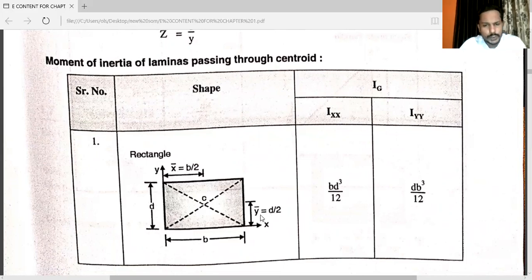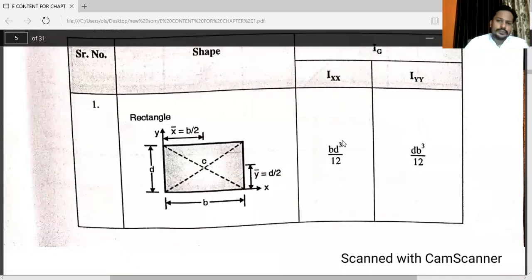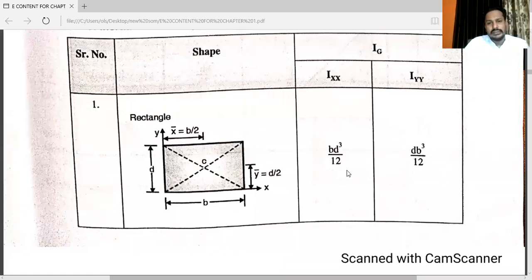Here IG means moment of inertia from the centroidal axis, here the centroidal axes Ixx and Iyy. Already I have taken the proof for the rectangle, so Ixx will be BD cube by 12 and Iyy will be DB cube by 12.